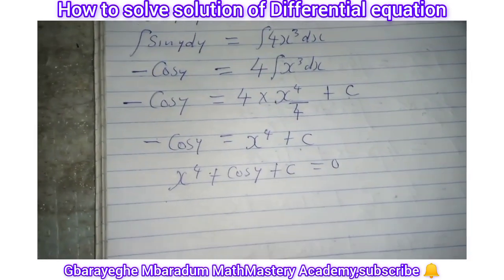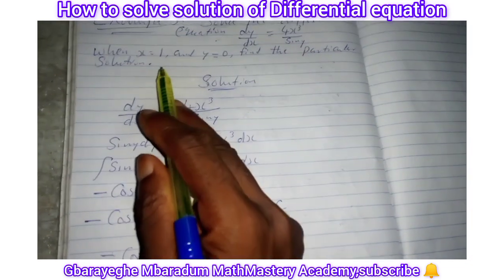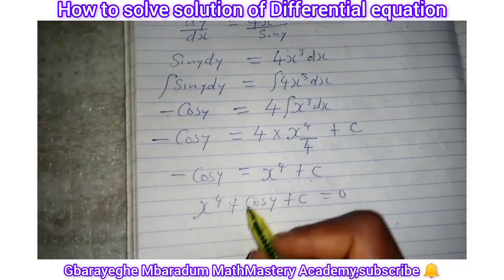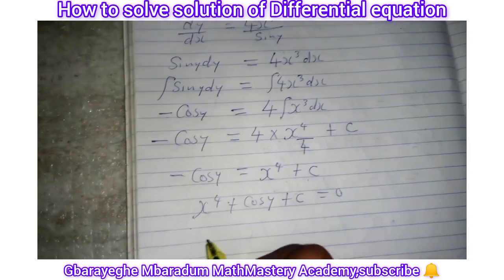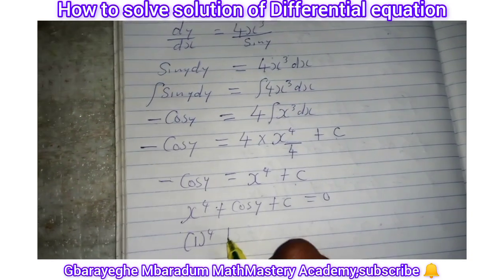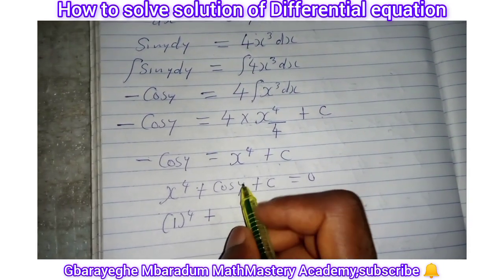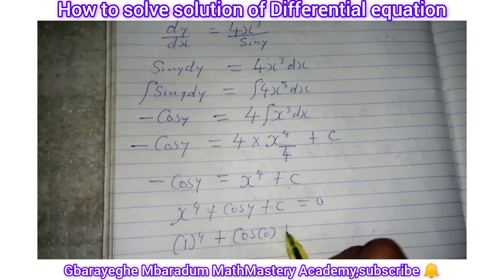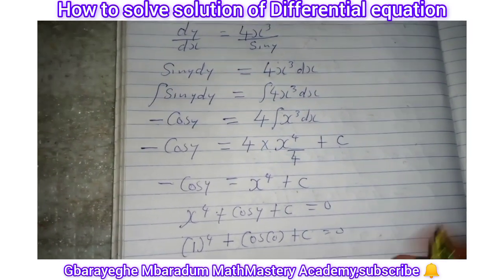Now at this point, they say that when x equals 1 and y equals 0, so we know that this x is equal to 1, so we are going to put 1 raised to the power of 4 plus our y is equal to 0. We have cos 0, right, plus our constant c equals 0.